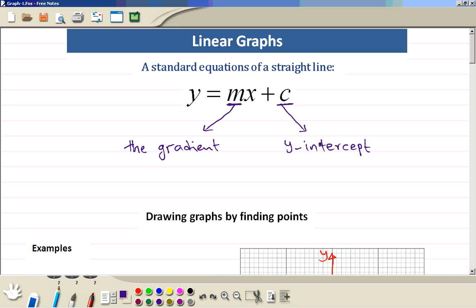So when x is 0, this part of the equation is 0, so y is equal to c. So the y-intercept has the coordinates 0, c.